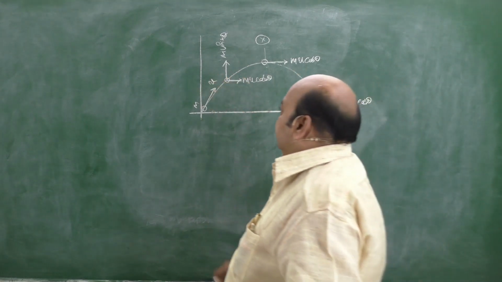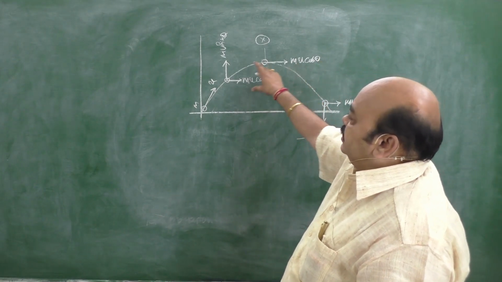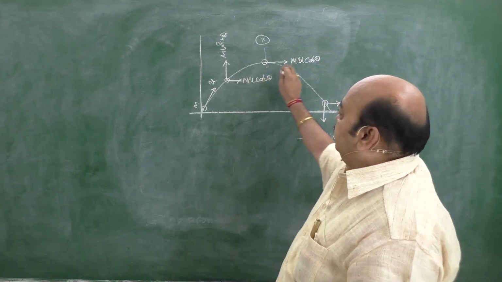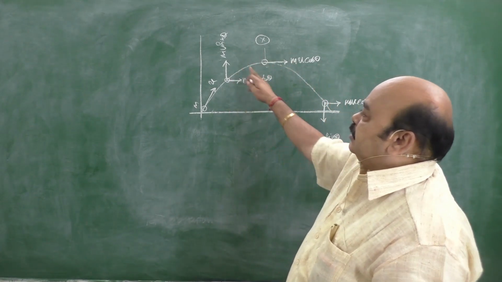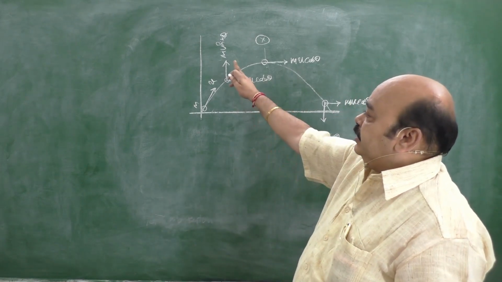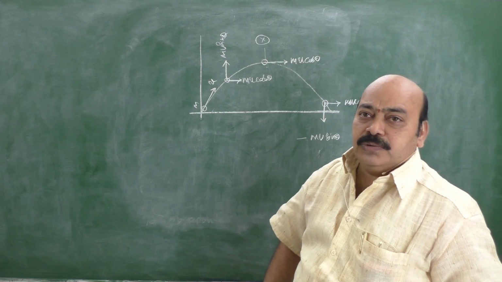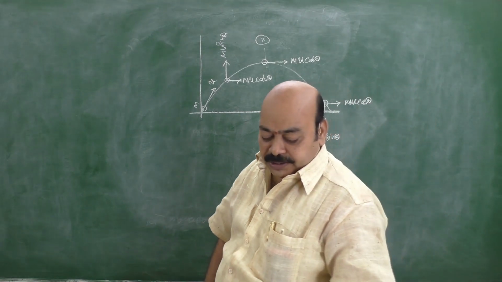Mu sin theta. So what is the change in momentum? Final momentum minus the initial momentum. That means mu cos theta minus of mu cos theta plus mu sin theta. Then these two cancel, and mu sin theta is the answer, the vertical component.